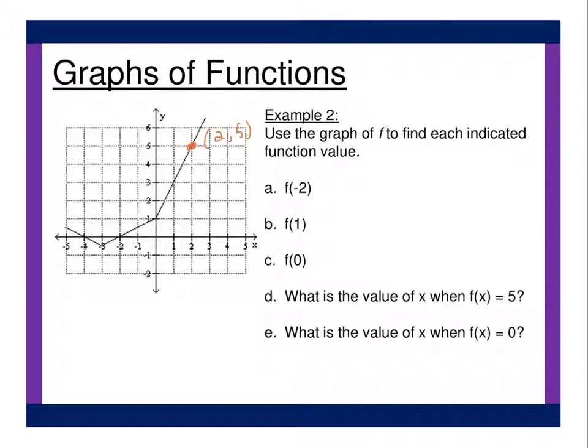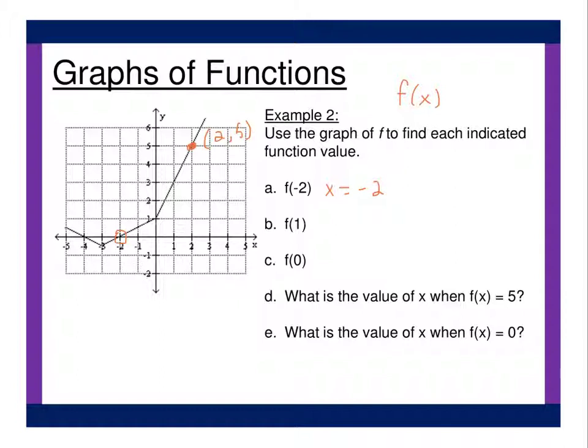For part A, it says f of negative 2. Well, we talked about yesterday f of x and what that means. So this negative 2 is where x is. It's telling us x equals negative 2, and it wants us to say what y equals at that spot. So at x equals negative 2, that's right here, our graph actually goes through the x-axis at negative 2.